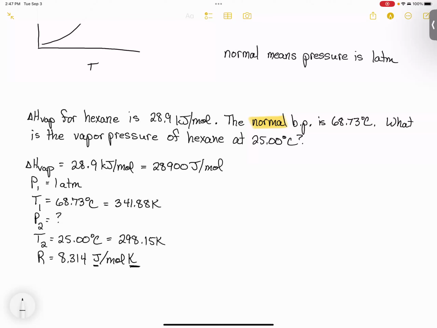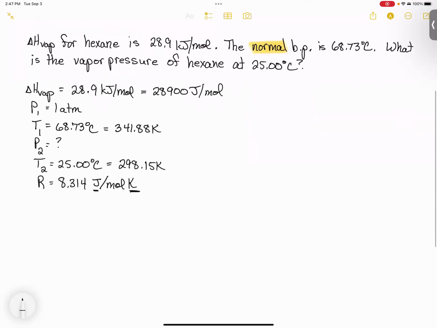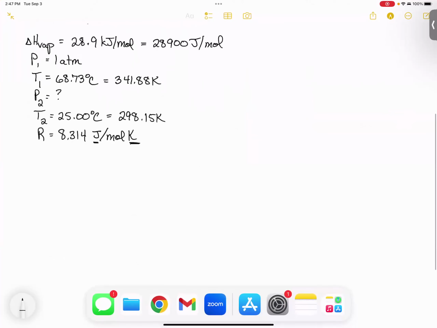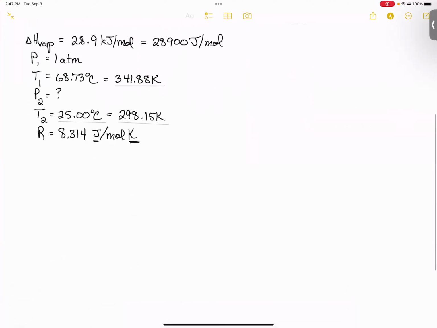By taking the time to write all of your variables down and making sure all of the units match, it simplifies the calculation because we're not having to worry about changing the units as we go. They're already there.